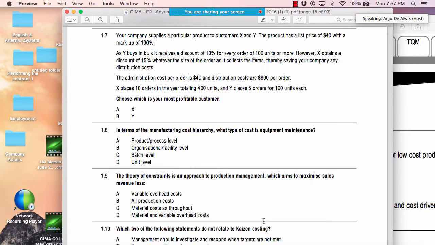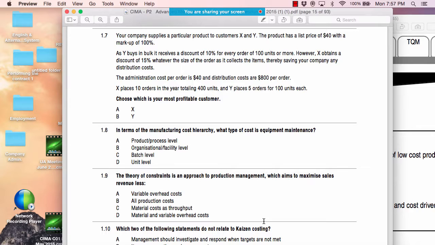Correct. So did you get that, Ben, up to that point? No, I didn't actually. What happened? First of all I was confused about the list price. Is the list price the price that you sell at, or the price that you have? It's internal.